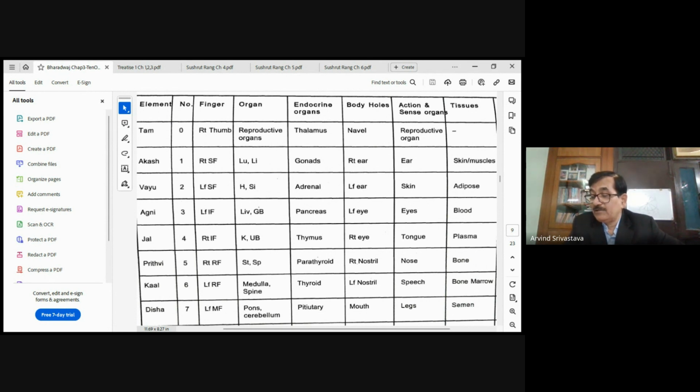And after the age of 14, it reduces into a small size.